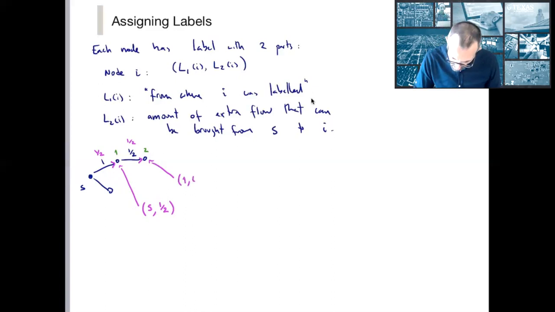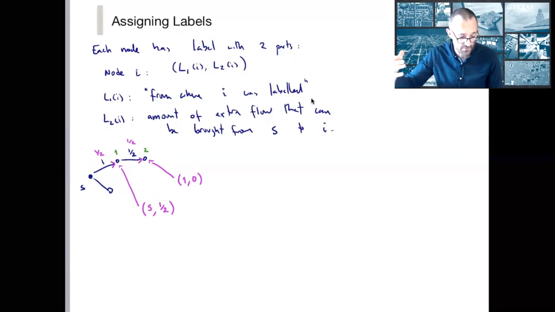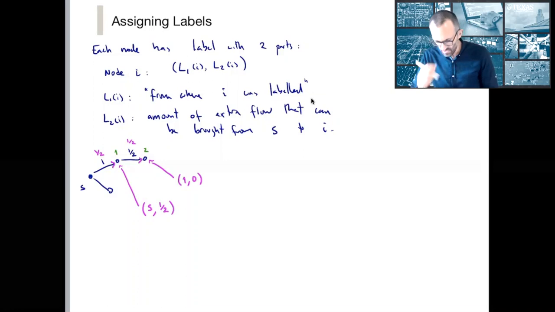The answer is 0, because that edge is already saturated. It has capacity 1/2, and it is already carrying 1/2. So it actually can't go forward anymore. Actually, to be exactly precise, we wouldn't even have labeled that node if it were saturated.